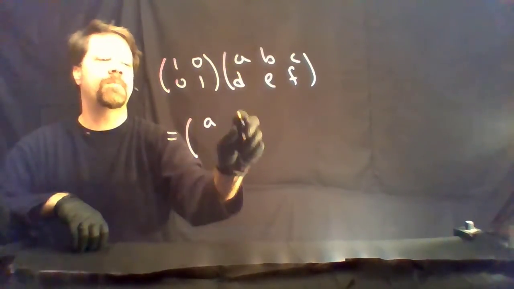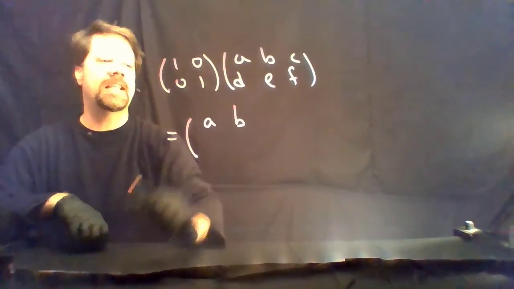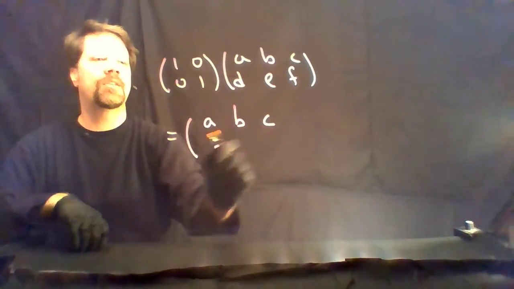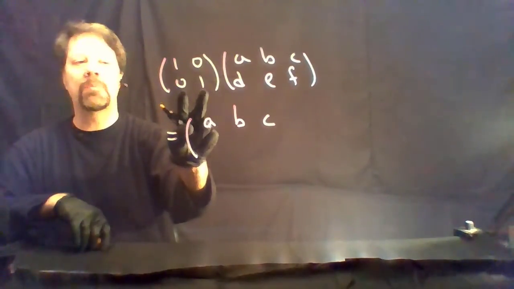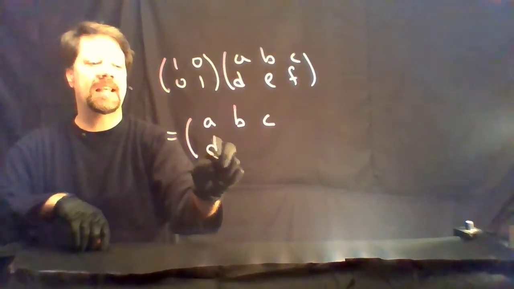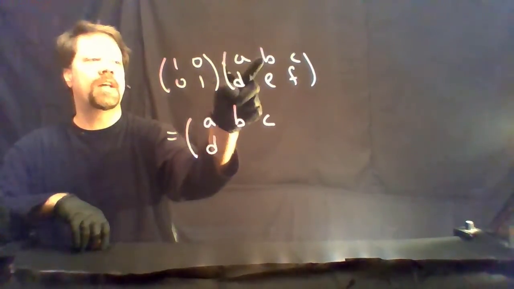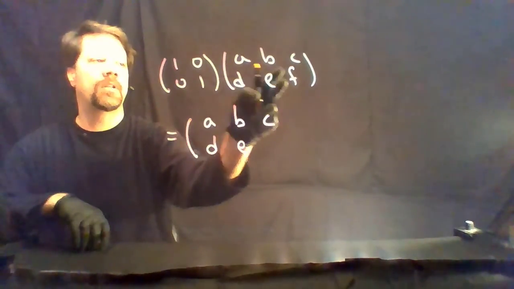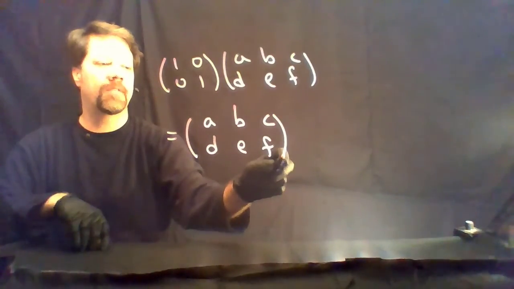That's 1 times B plus 0 times E. And then 1 times C plus 0 times F. And now when we multiply the second row, we'll get 0 times A plus 1 times D, 0 times B plus 1 times E, and then, of course, F here.